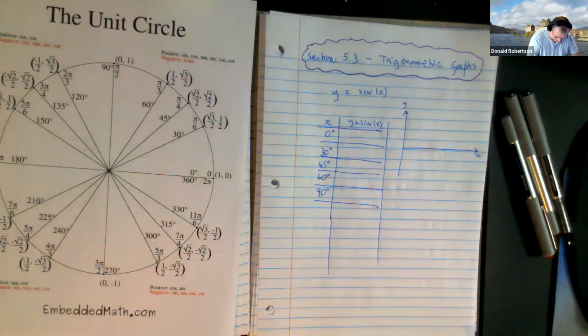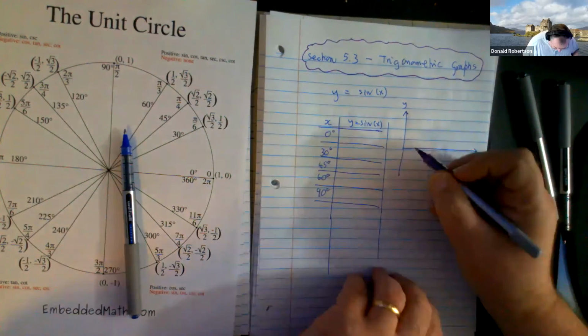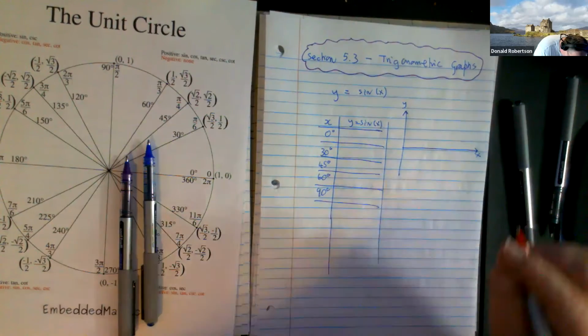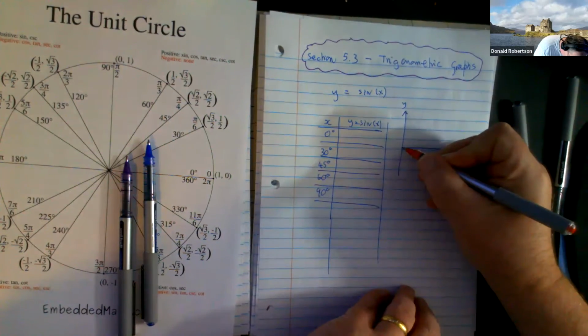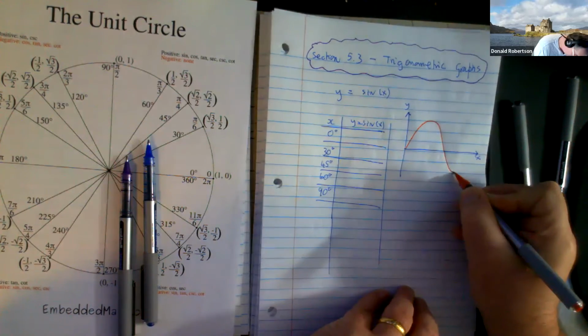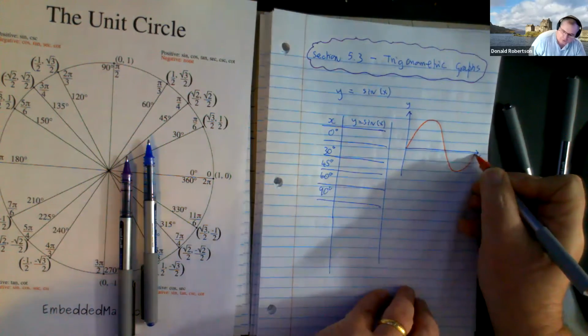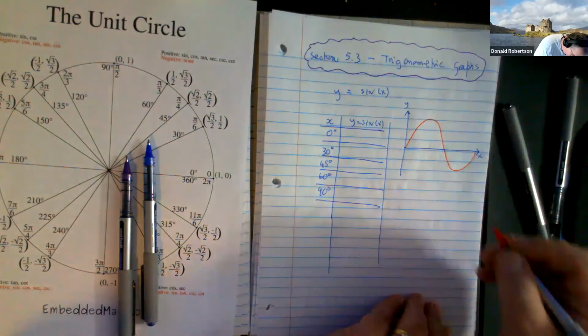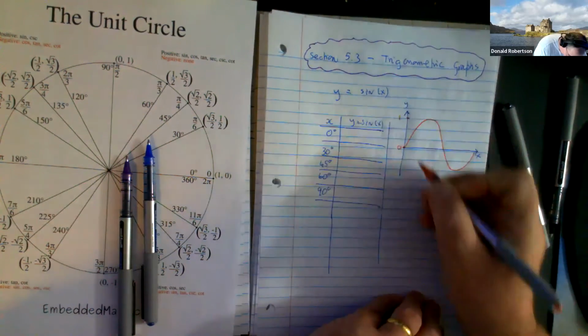And if I did that, this is the wrong color. Where's my red one? There we go. This is what it would look like. Can you pretend that the top and bottom are the same shape? I'm just not very good at drawing. This would be 0. This would be 1.